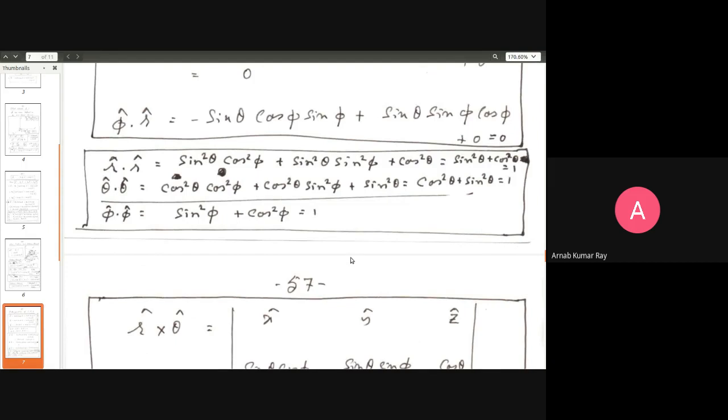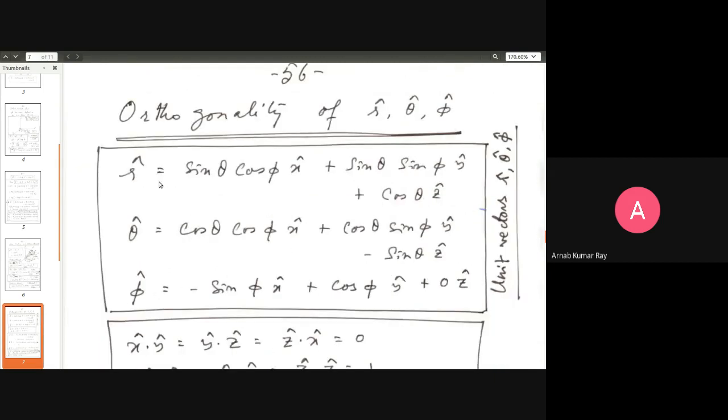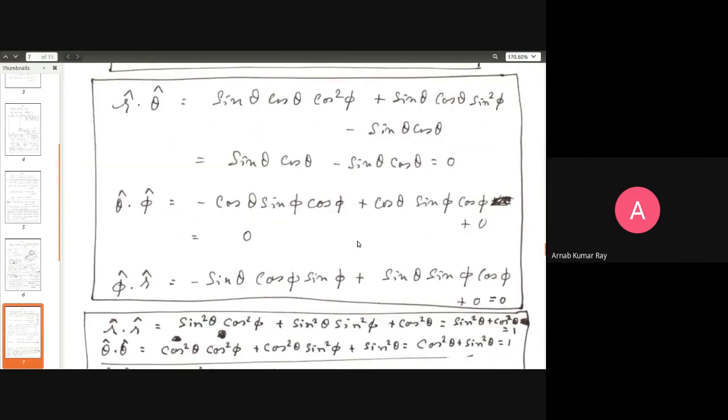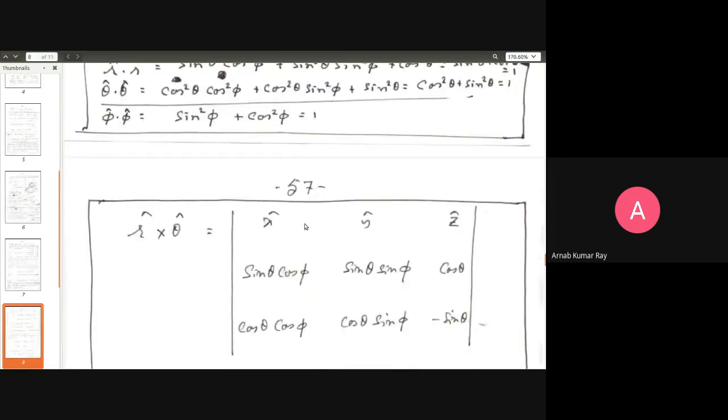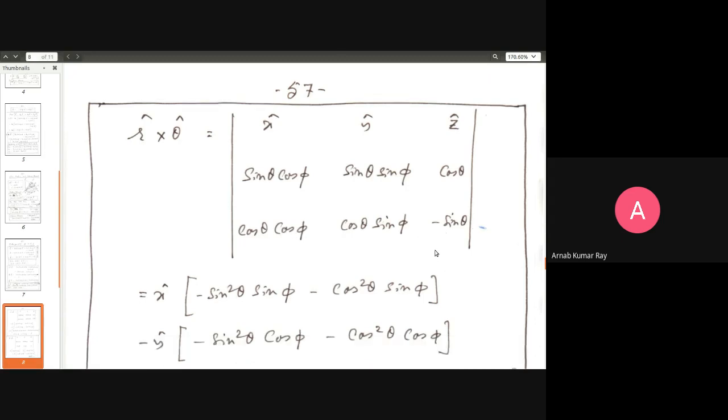So let's see. R cap cross theta cap. We use these formulas over here. This is R cap, this is theta cap. And so when we do that, you have x cap, y cap, z cap, and you have sine theta cos phi, sine theta sine phi, cos theta. And for theta cap, you write cos theta sine phi, cos theta cos phi, cos theta sine phi, minus sine theta.